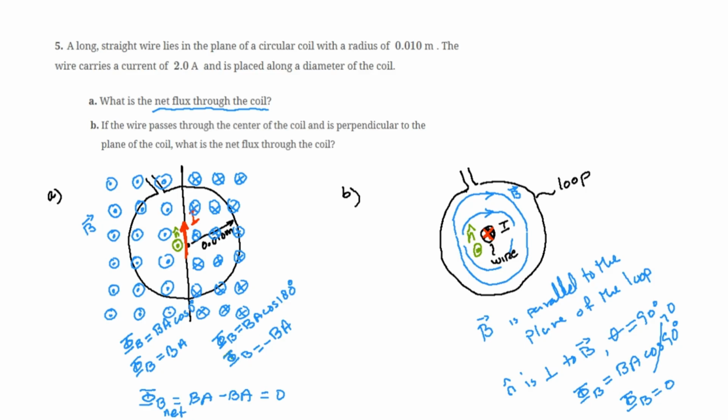If they move this wire either a little bit to the left, like this, or a little bit to the right, the net magnetic flux will be different from 0, because you will have more lines leaving the plane than entering the plane, or more magnetic lines entering the plane than leaving the plane, depending on the position of the wire. So in that case, the net value will be different from 0.